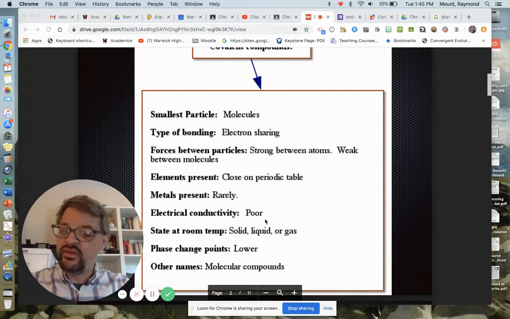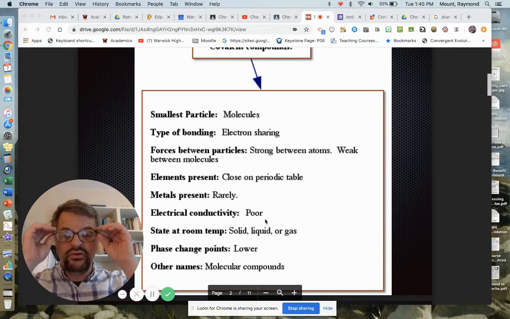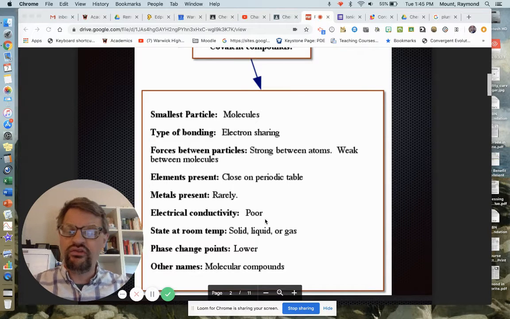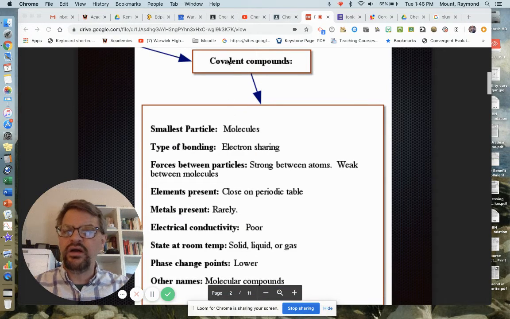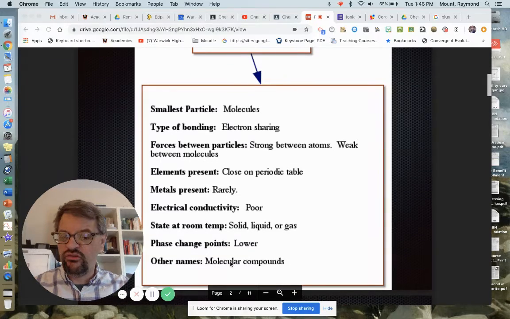These are poor conductors. They're not very good conductors of electricity. At room temperature, they can be solid or liquid or even gas. With petroleum, typically we're looking at liquid and gas because they have lower phase change points, lower melting and boiling points. And covalent compounds we refer to as molecules.